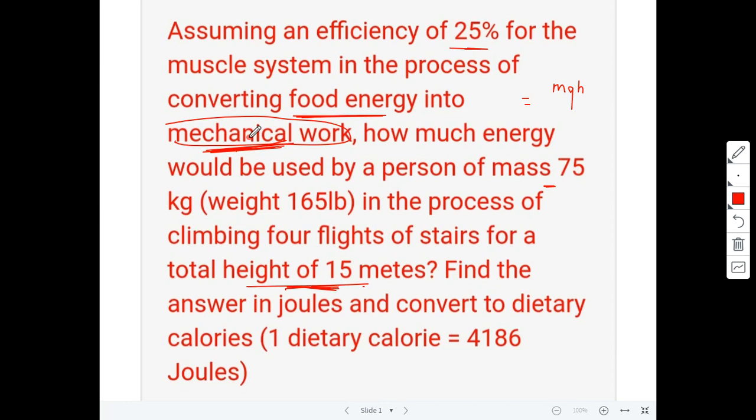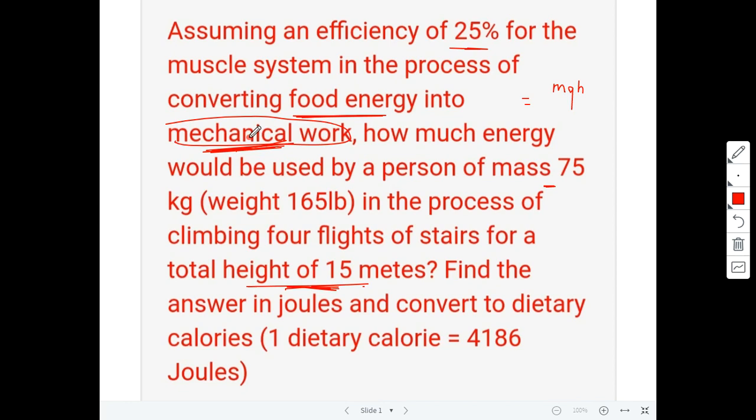It's 11,025. Now times it by 0.25, which is 2,756.25. And then divide this number by 4,186. Yes, so what's your final answer? 0.665844 calories.